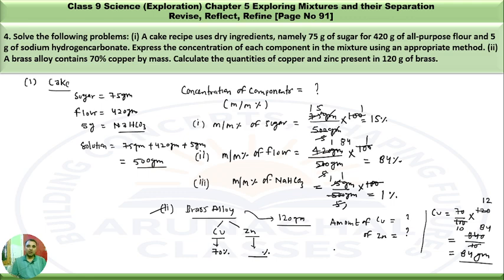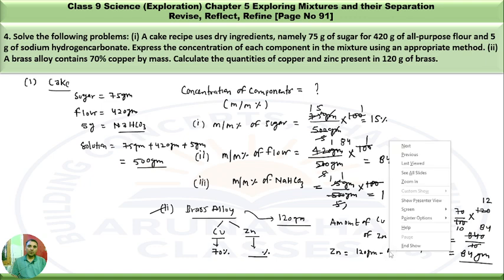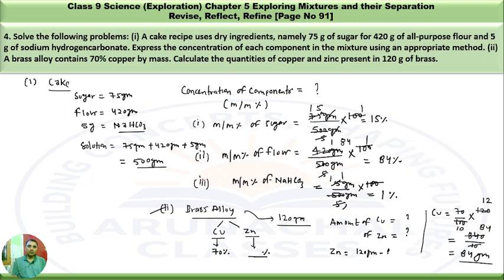And if I want to find out the amount of zinc, total amount is 120 gram minus the amount of copper, that is 84 gram, so it will be 36 gram. So 36 gram of zinc is present and 84 gram of copper is present in 120 gram of brass alloy.